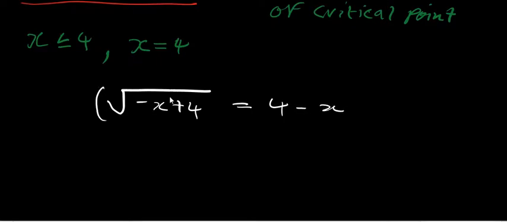So we are going to introduce a squared on both sides. When we introduce a squared on both sides, you're going to discover that this square root and that square, they'll go.